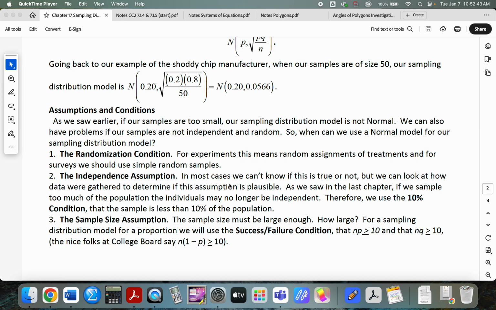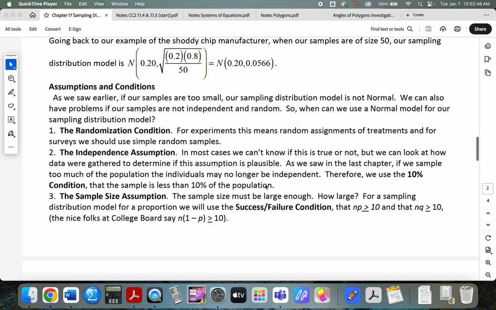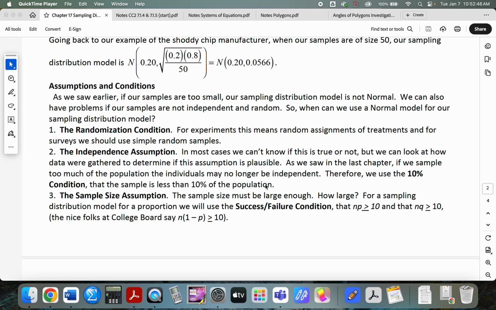The independence assumption. In most cases, we really can't know if one is truly independent of another one. But you can look at how the data is gathered to see if it's plausible. Sometimes I'll say, given that they gathered the data this way, it seems plausible that these are independent.